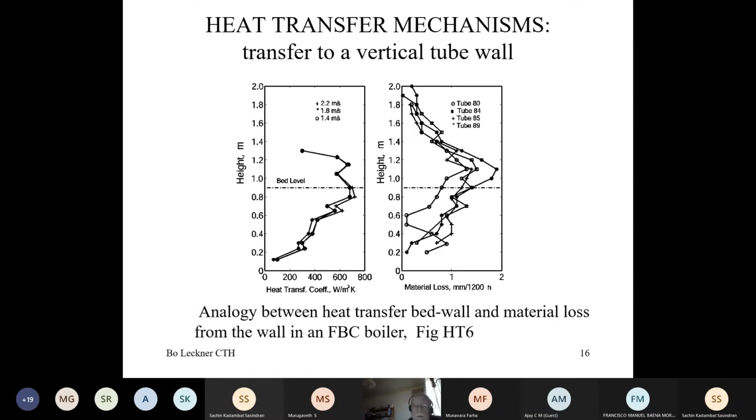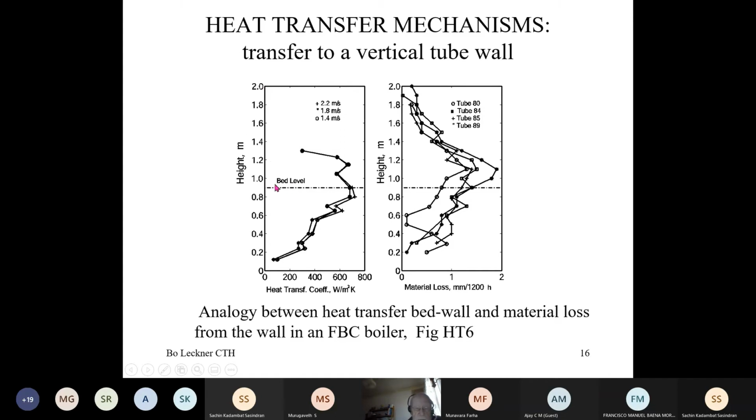There is another thing that one has to be aware of also, and that is that heat transfer coefficients are derived, as I said, for rounded objects in a well-fluidized part of a bed. But here, the heat transfer coefficient has been measured along the wall of a bubbling fluidized bed combustor.